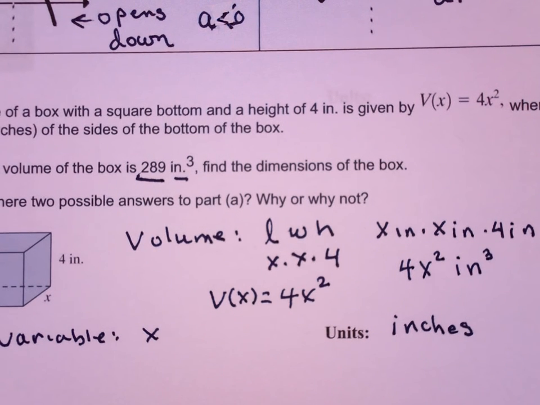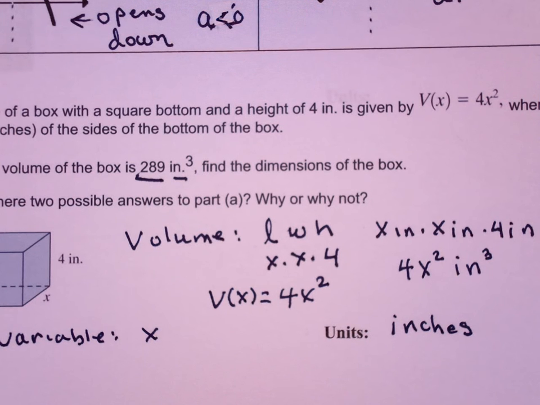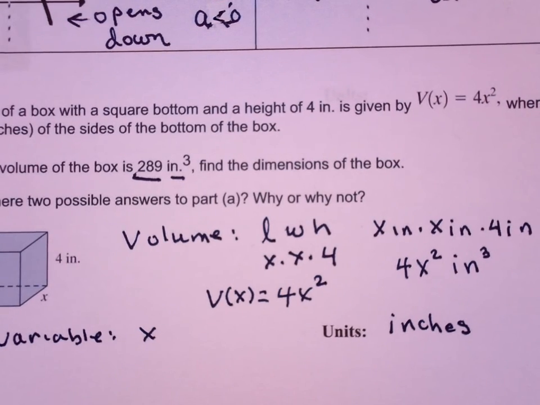That's where the inches cubed comes from. It's inch times inch times inch. Volume is always cubic inches. It's like when you order cement, you order per cubic yard. So they're looking at length times width times thickness in terms of the cement.